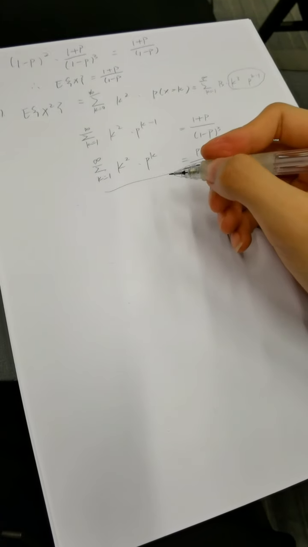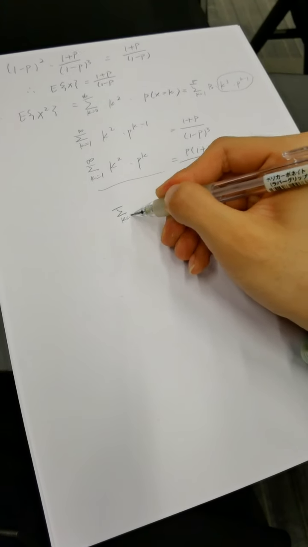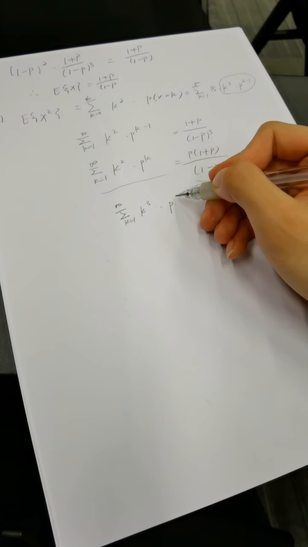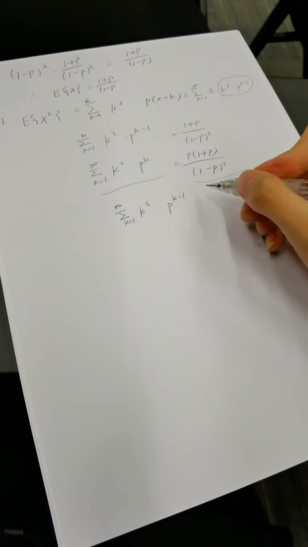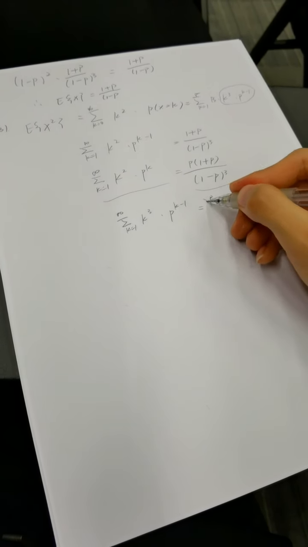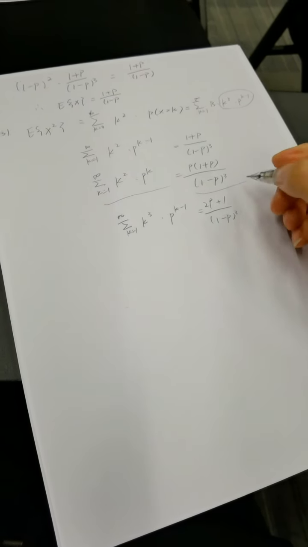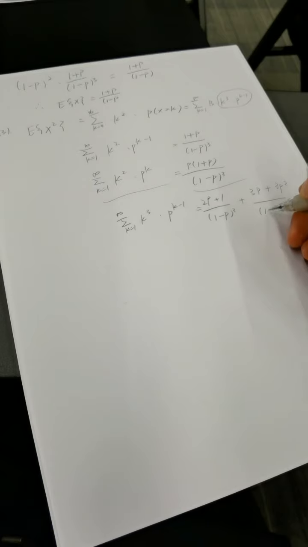So take the derivative of both sides, same idea like before. We can get the sum of k equal to 1, k to the third times p to the k minus 1, and the derivative of this part is equal to 2p plus 1 divided by 1 minus p to the third plus 3p plus 3p to twice divided by 1 minus p to the fourth.